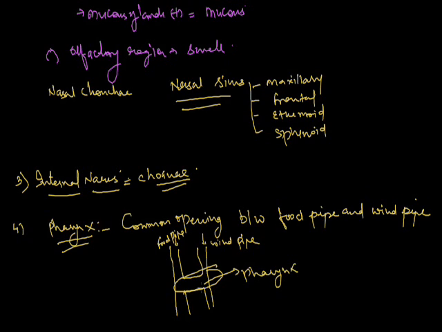And a flap-like structure is present in this pharynx. That flap-like structure is actually the epiglottis. What is the function of the epiglottis? While we are eating food, it closes the windpipe so that it prevents the food, or anything which we are eating, from going into the windpipe. So this is the function of the pharynx and the epiglottis.